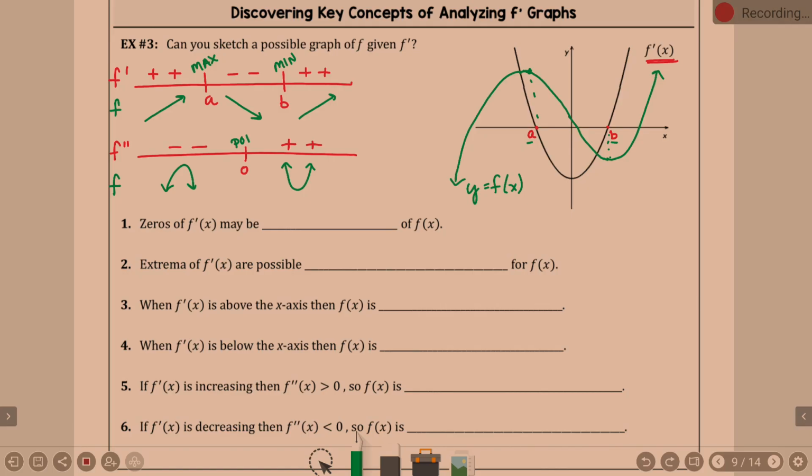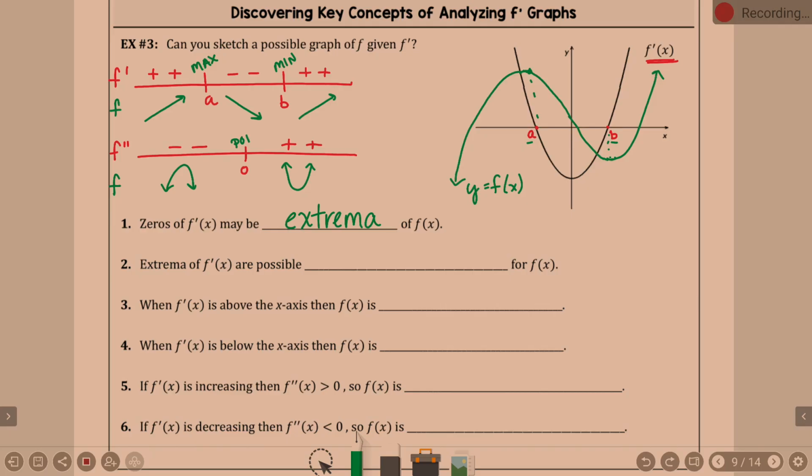They were mins and maxes. So they may be extrema is the word I'm going to put here. Extrema being the fancy word for mins and maxes.